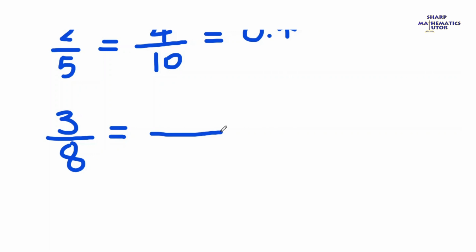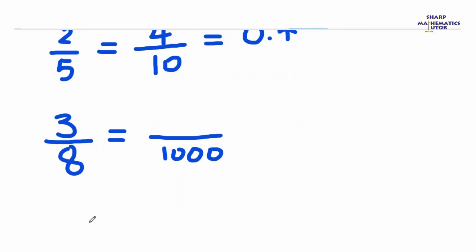So 1000 can be divided by 8. Alright, when we divide, okay, so we know that 1000 can be divided by 8. Now 8 goes into 1000 125 times. 125 multiplied by 3, that's 375.